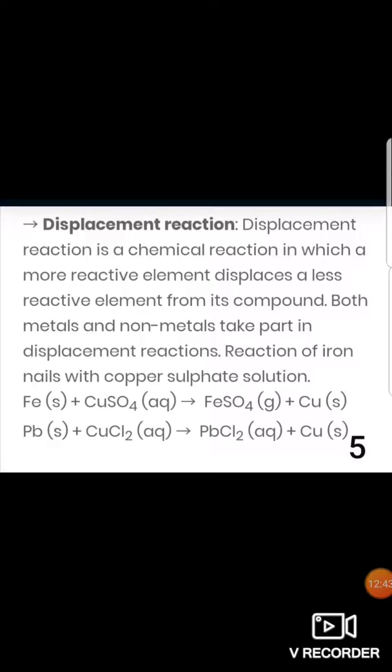Reaction of iron nails with copper sulfate solution: Fe plus CuSO4 gives FeSO4 plus Cu.